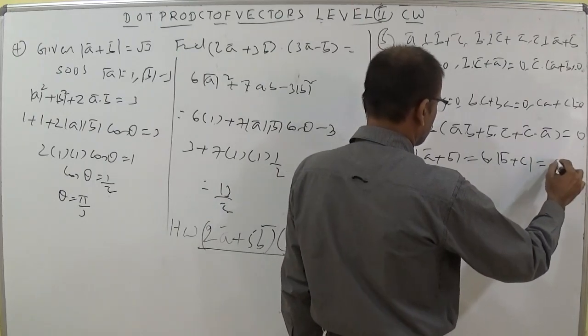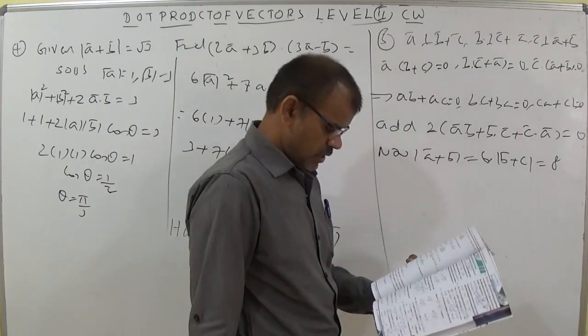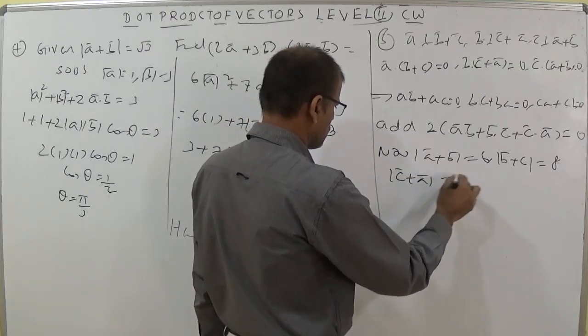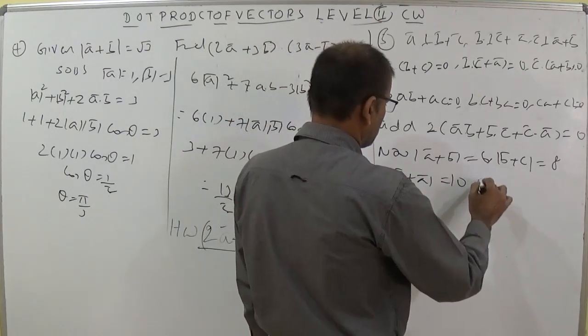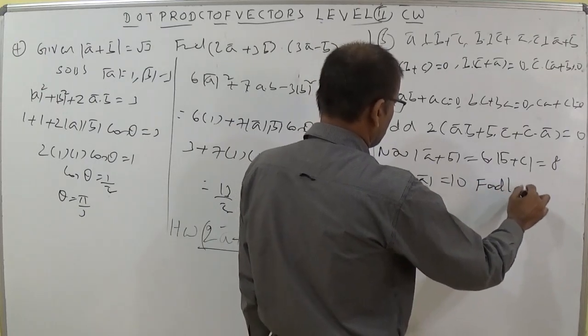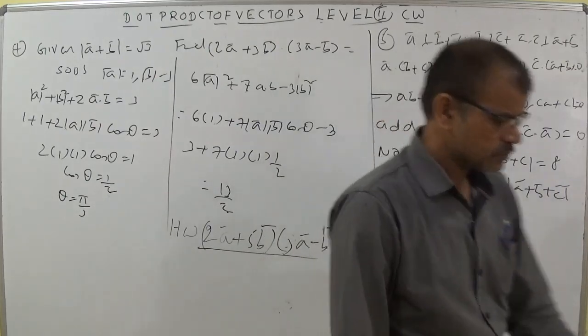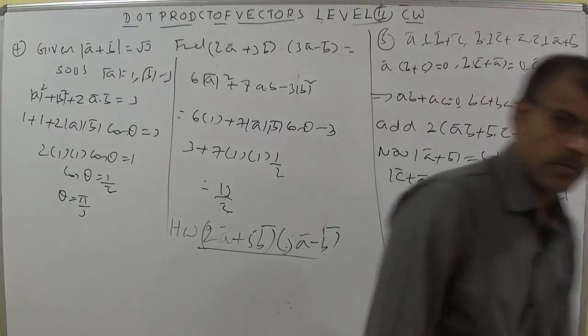And modulus of b bar plus c bar he given 8. And modulus of c plus a he given 10. Now he is asking find modulus of a bar plus b bar plus c bar.